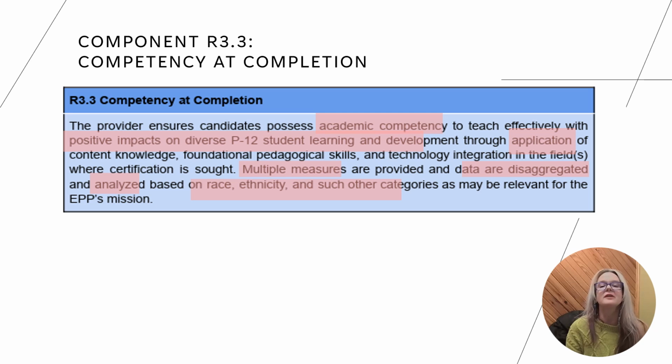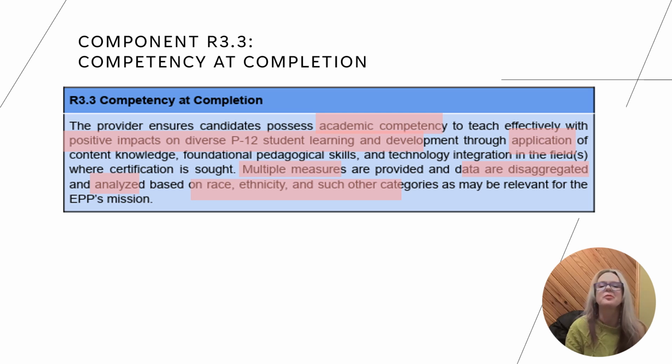The provider ensures that candidates possess academic competency to teach effectively with positive impact on diverse P12 students through the application of content knowledge, pedagogical skills, and technology integration in the area in which certification is sought, so elementary, secondary, etc.